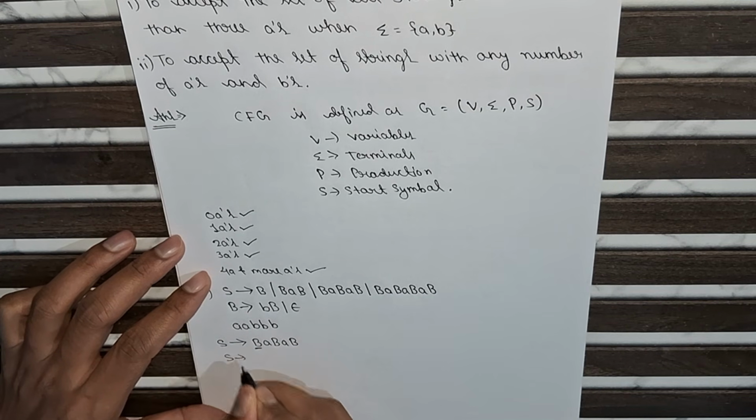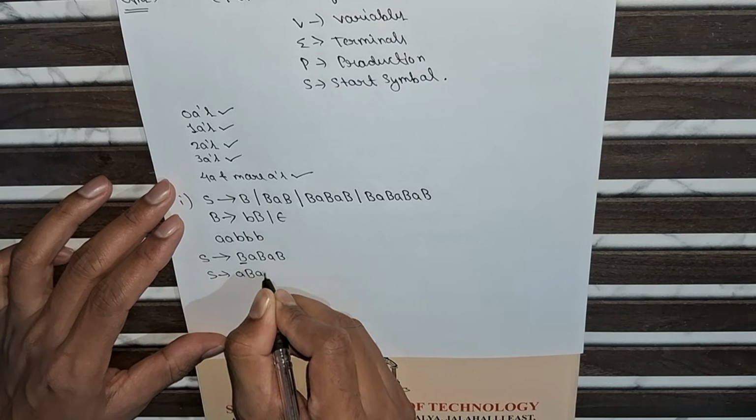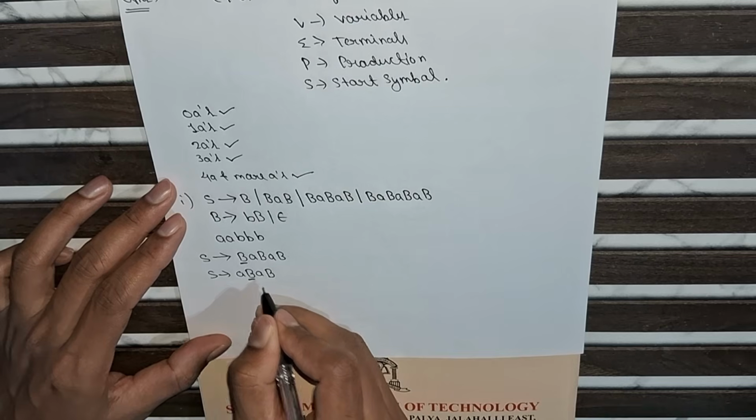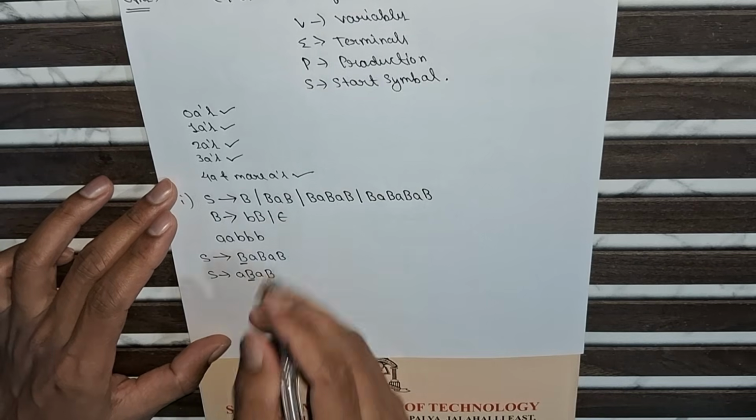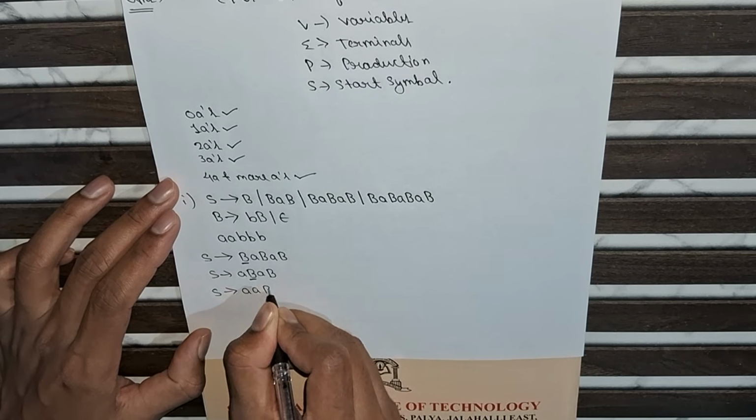So it becomes A B. Again this variable is there. Again I am putting this as an epsilon. So this becomes A B.